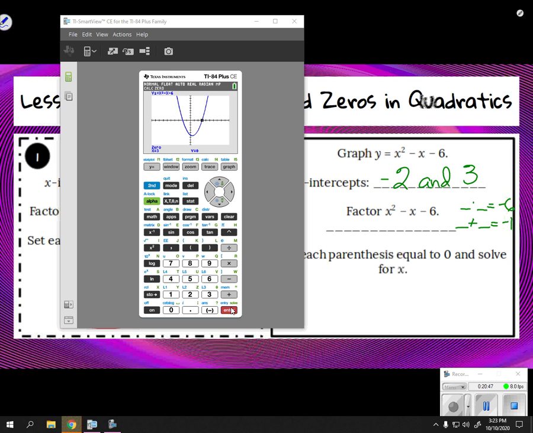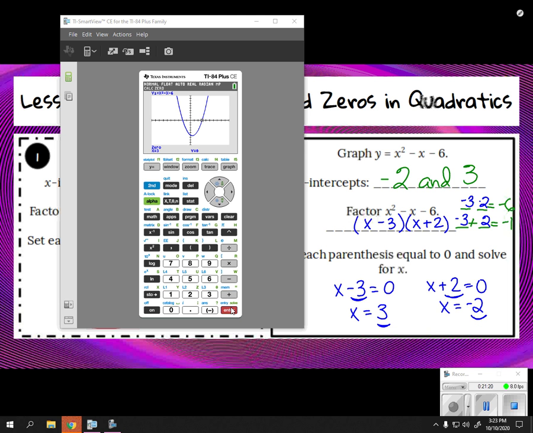They are -3 and +2. So that would mean I'm dealing with x minus 3 and x plus 2. If I wanted to find these zeros, I would set x minus 3 equal to 0 and x plus 2 equal to 0, and then solve for x. Or I can think about the opposite of -3, +3, and the opposite of +2, negative 2.